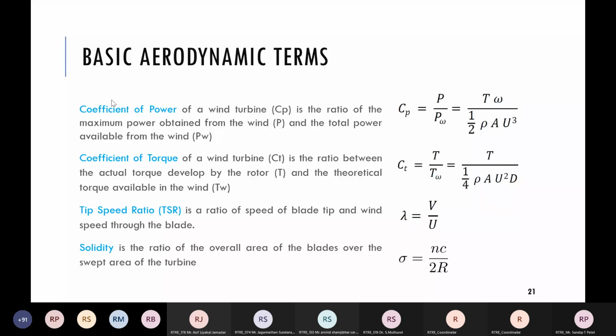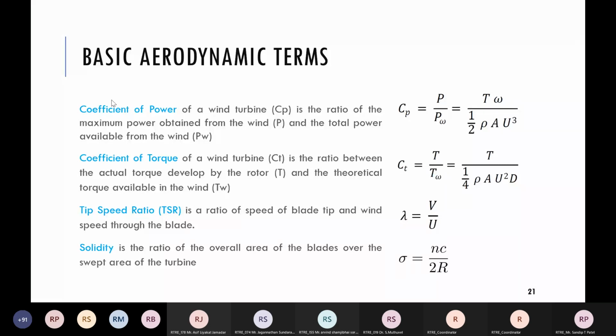So 40 by 100 gives you 0.4 CP. It means 40% aerodynamic efficiency. The equation would be T omega divided by 1/2 rho A U cubed, where T is torque, omega is angular speed, and U is the ambient velocity.